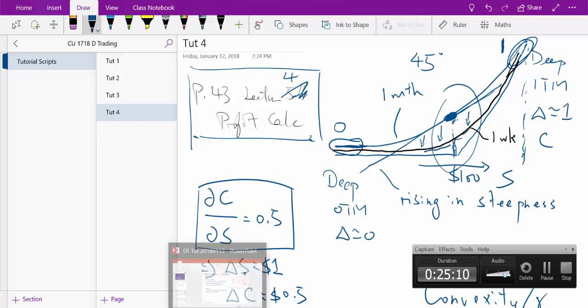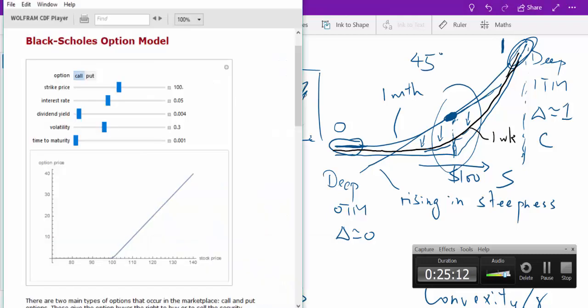And this will show you much better, because if you look at time to maturity, if it's further away, you can see the line is actually quite smooth. So delta is still going from 0 to 1, but it's doing so quite slowly.